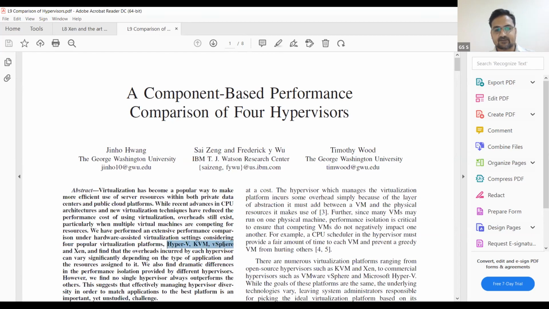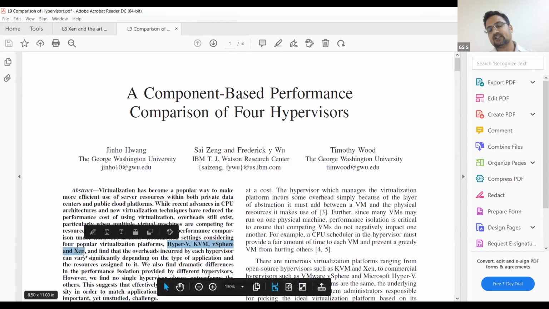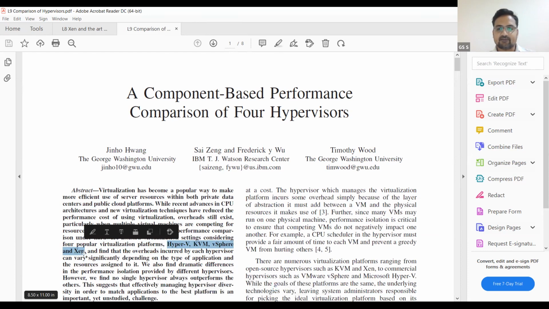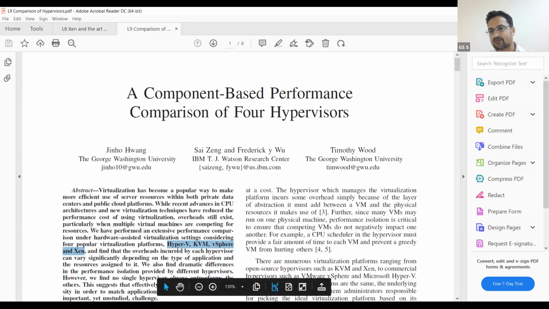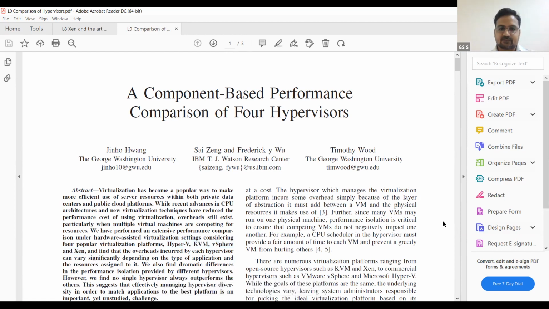Hyper-V, KVM, vSphere, and Xen. In the earlier paper, they compared GNU/Linux, KVM and UML. Here they are comparing Hyper-V, which is from Microsoft, KVM, which is open source, vSphere from VMware, and Xen from Citrix, right? So a third party comparison is very good here.